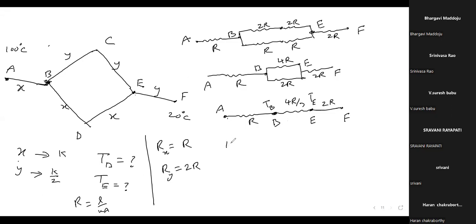So 100 minus TB, divided by R, is equal to TB minus TE, divided by 4R by 3. Next, TE minus TF. Temperature of F is 20.